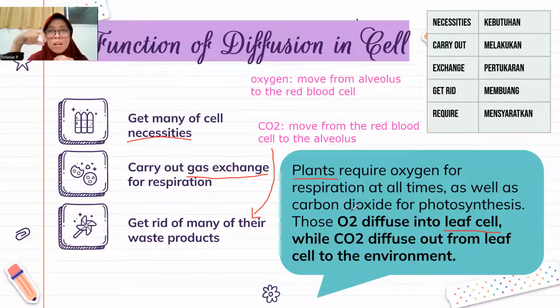That's why the oxygen can diffuse out. Meanwhile, the environment contains a higher concentration of carbon dioxide. That's why it can diffuse into the leaf cell. And this carbon dioxide will be used as the material for doing the photosynthesis. Okay.